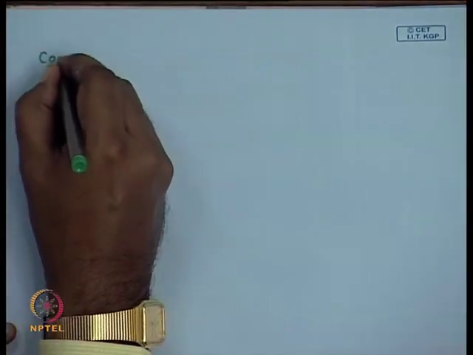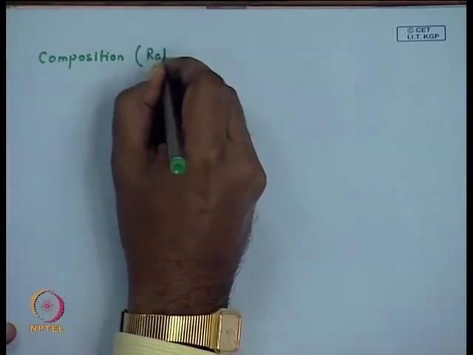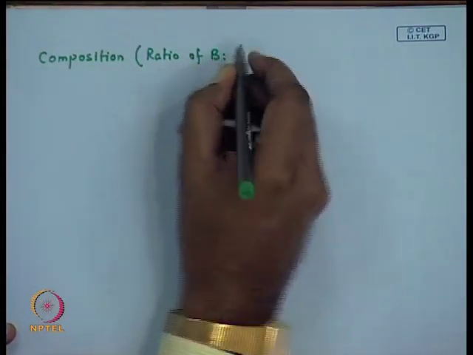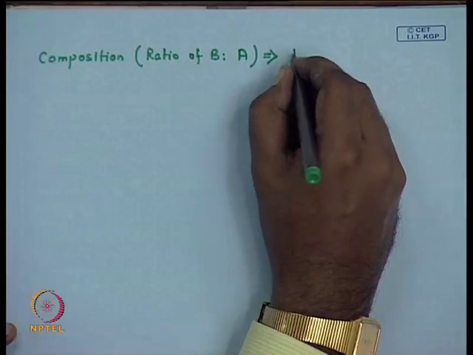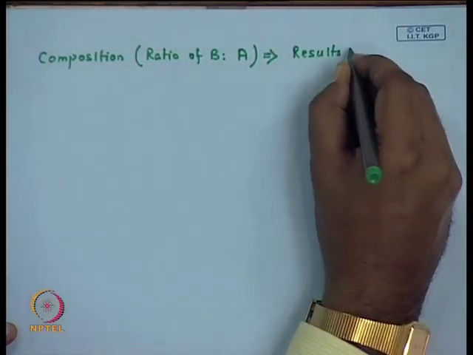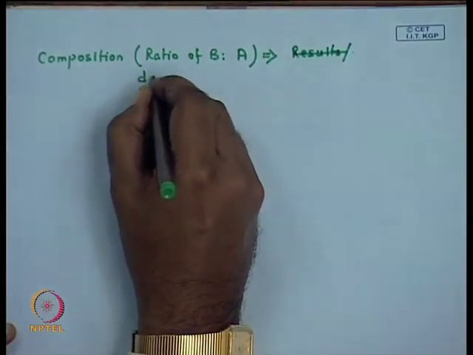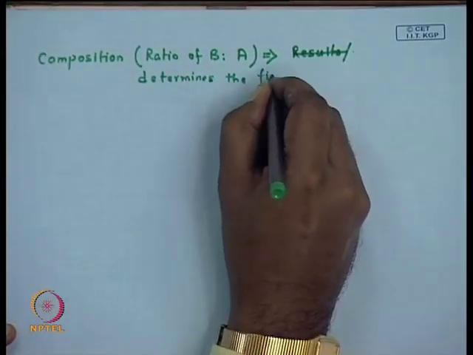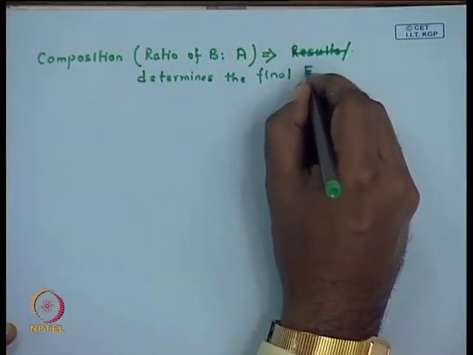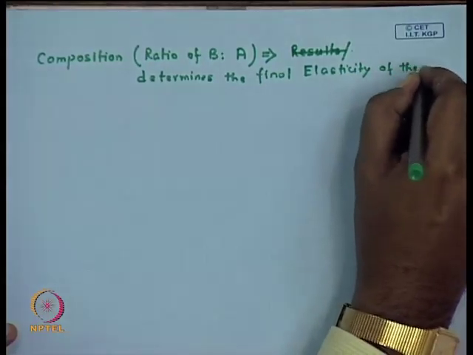The composition, that is the ratio of B to A, determines the final level of elasticity of the material.